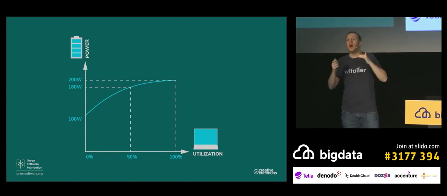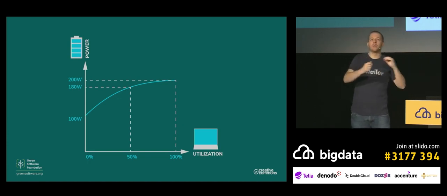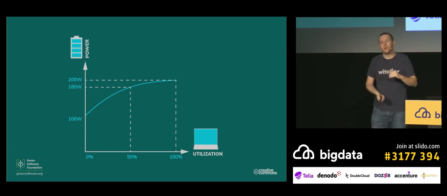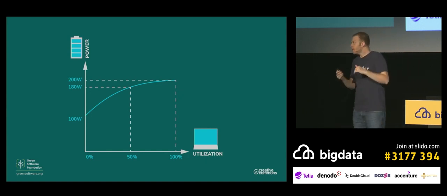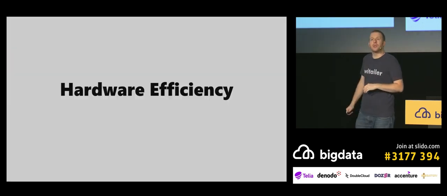If you have a server, it's better to consume all the CPU resources instead of leaving them idle or at 10% or 20%, because at 10 or 20% we are still at a high consumption. Not everybody knows it, so that's why we should think about it.